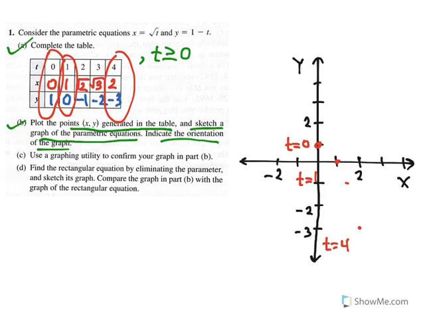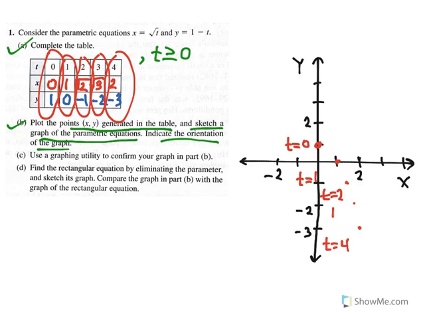So you have this point when t is equal to 2. And then when t is equal to 3, you have square root of 3, negative 2. So we need to find the square root of 3, which is about 1.73, and then you have negative 2.